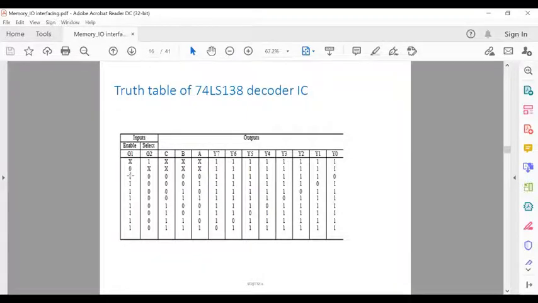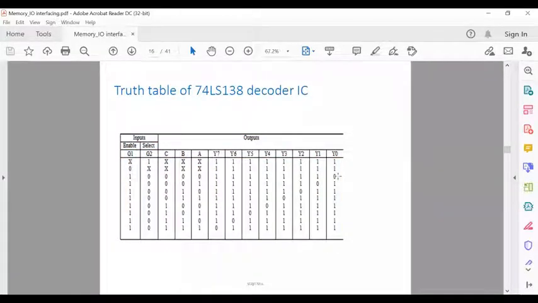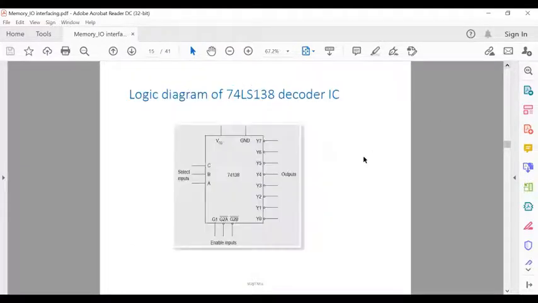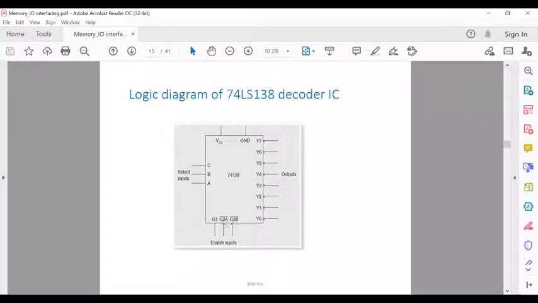When G1 is 1 and G2 is 0, at that time the select lines are 0 0 0, and only Y0 will be selected. You can see from the previous figure that G1 is an active high signal, but these are two active low signals. When G1 is 1 and these are 0 0, if the inputs are 0 0 0, then only Y0 will be selected.